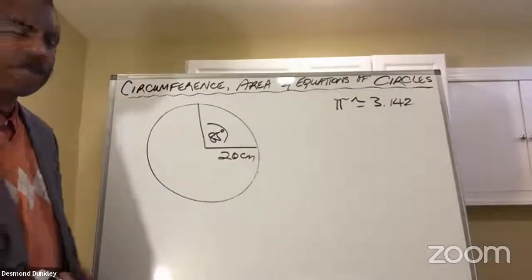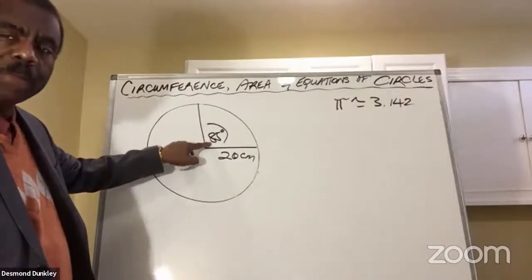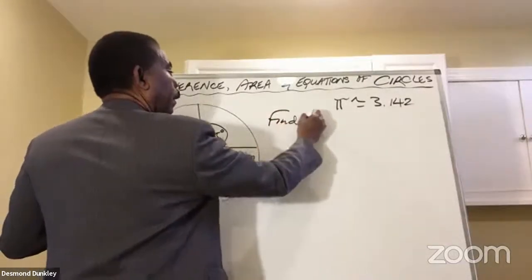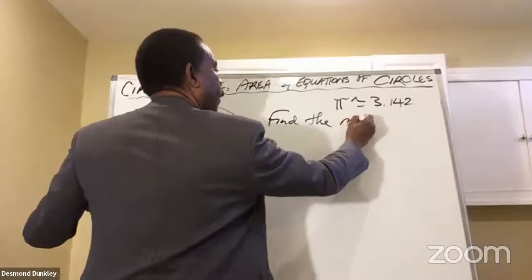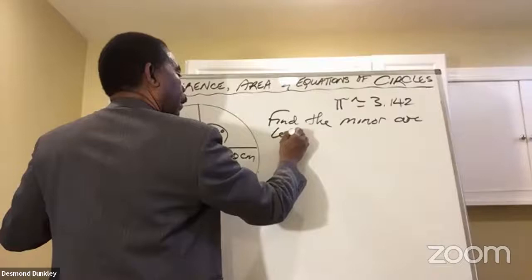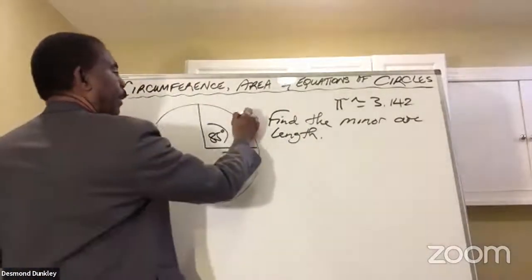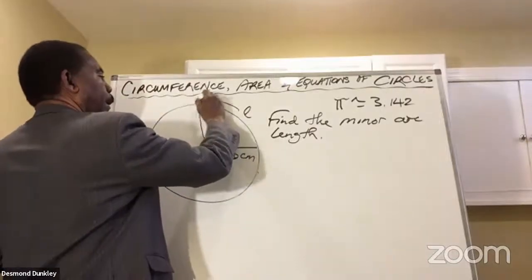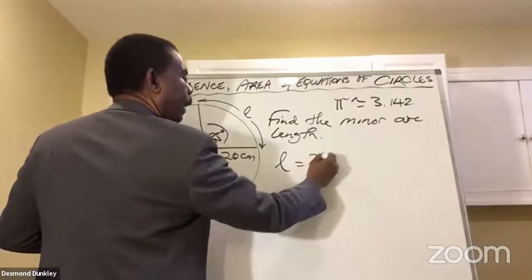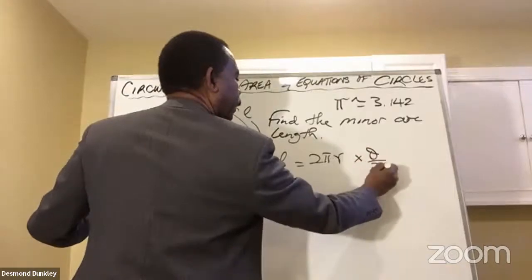So this circle has a radius of 20 centimeters and the angle is 85 degrees. And the question is, find the minor arc length. Okay, so let's call this L. So L is equal to 2 pi times R times theta over 360.